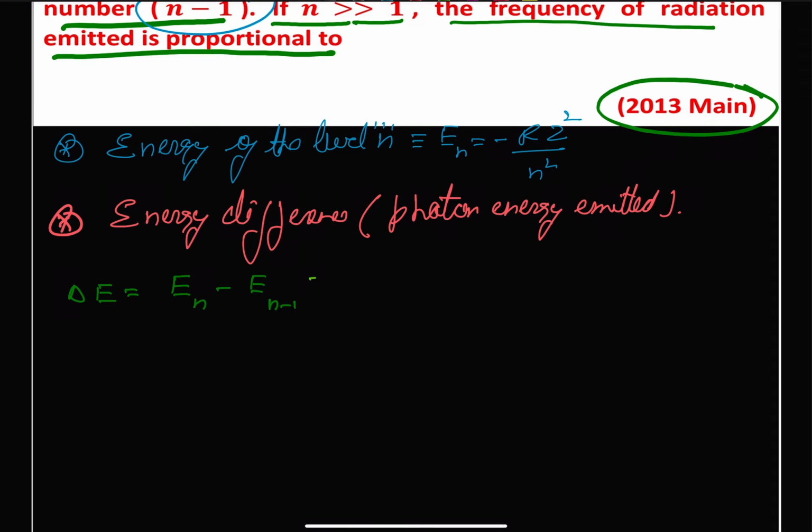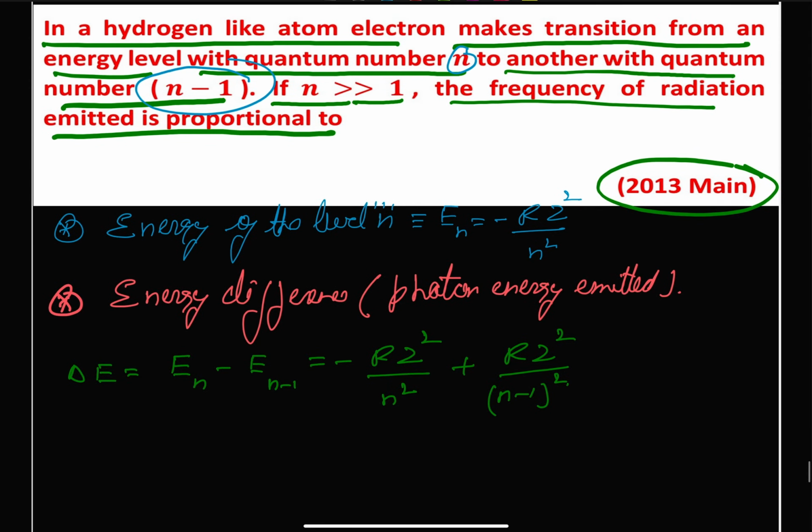So this gives us minus R z square upon n square plus R z square upon n minus 1 whole square. And we are going to use binomial approximation because n is very much greater than 1.